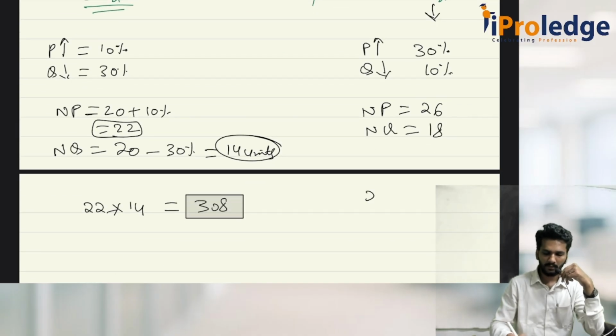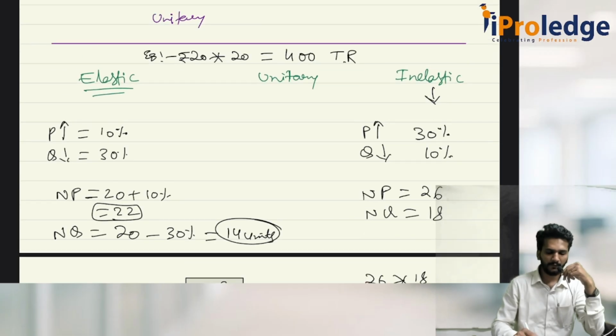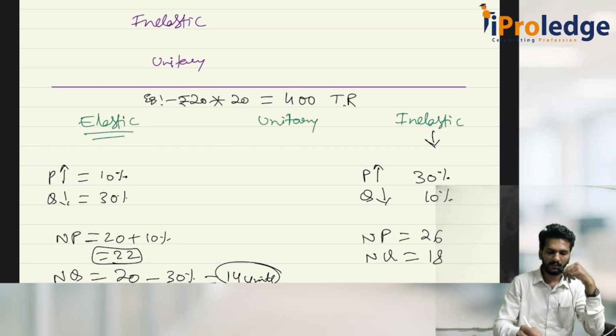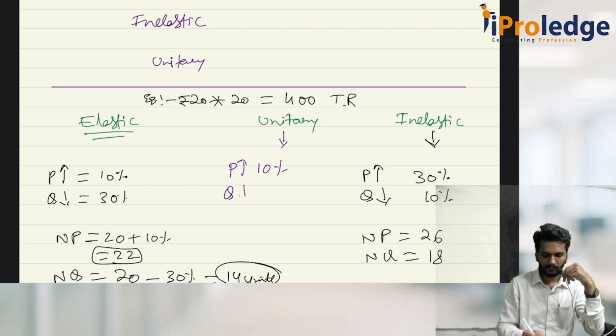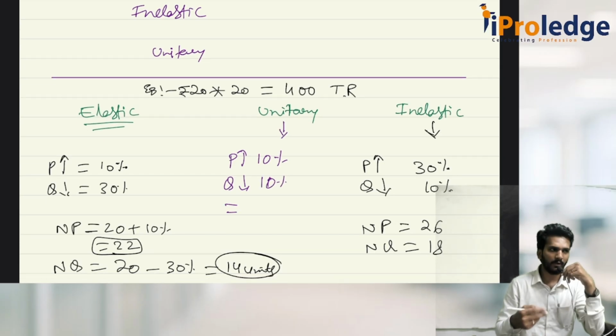So if you do it, 26 multiplied by 18 is equal to 468. And if you do it under unitary, what is happening? Price also increased by 10%, quantity also decreased by 10%. So which is leading to, you can do the calculation, there will be some small decimal correction, the revenue will still stay at 400 rupees only. That is what happens.